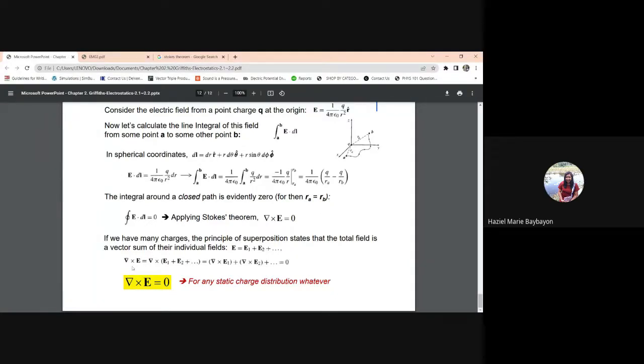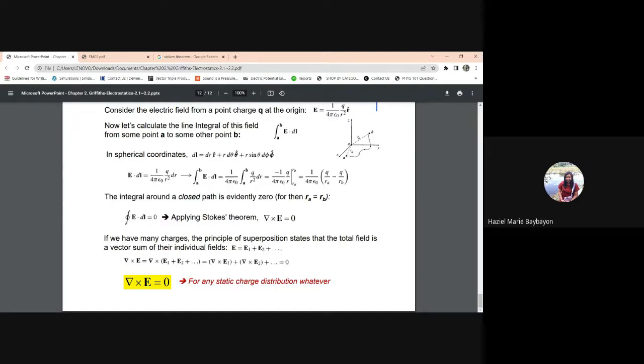So you have the curl of E is equal to the curl of the sum of the individual electric fields due to each charge. Now, this is just equal to the curl of E sub 1 plus the curl of E sub 2 plus the curl of E sub 3 and so on. And this is equal to 0.